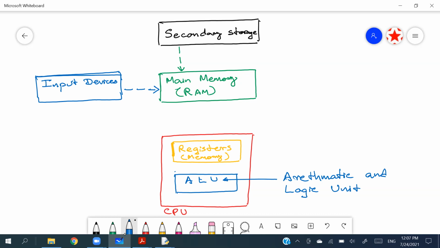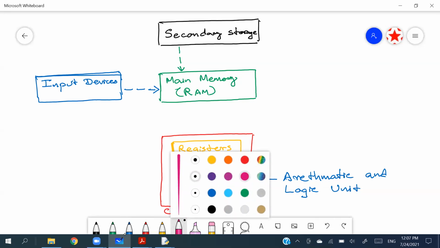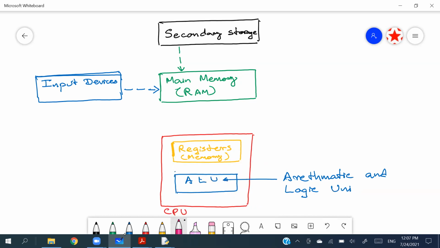And the very last component is called the control unit, the CU, right?